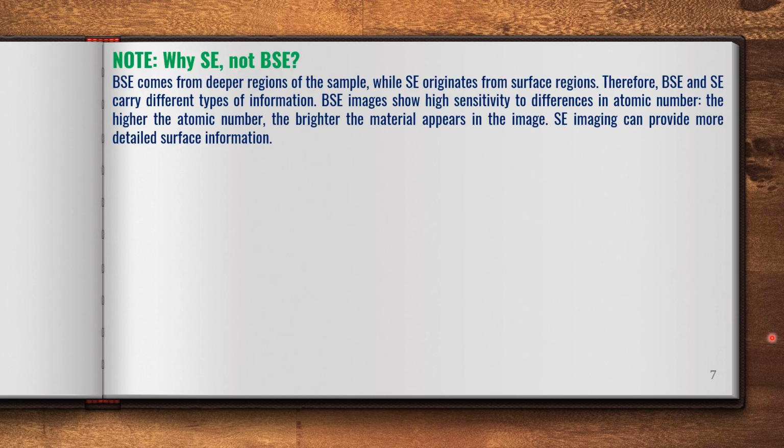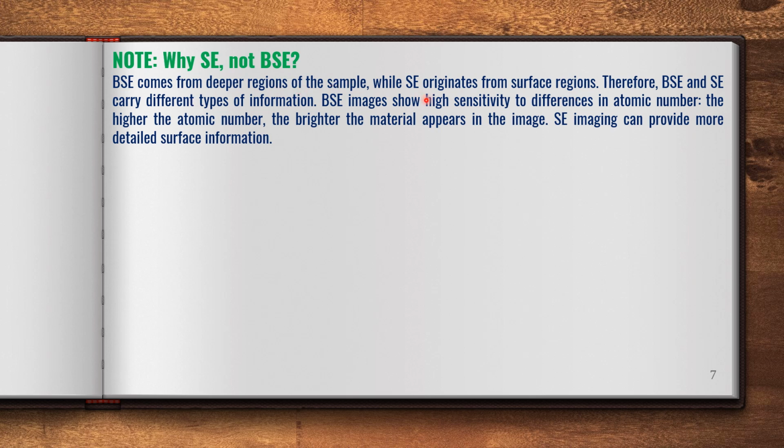See here why secondary electrons are preferable to backscattered electrons in taking the image. As we just discussed, SE originate from the surface region and BSE originate from the deeper regions of the sample.